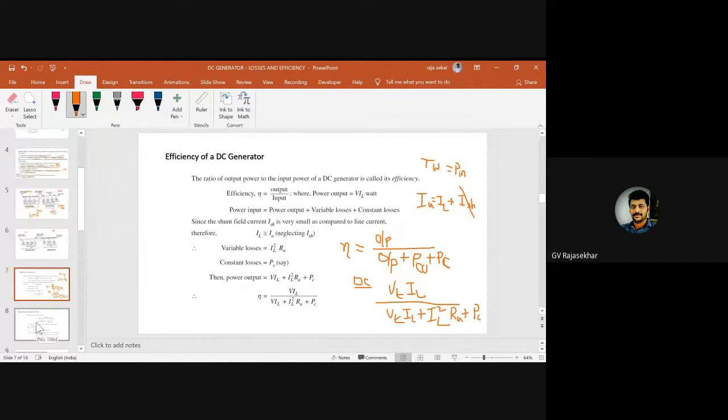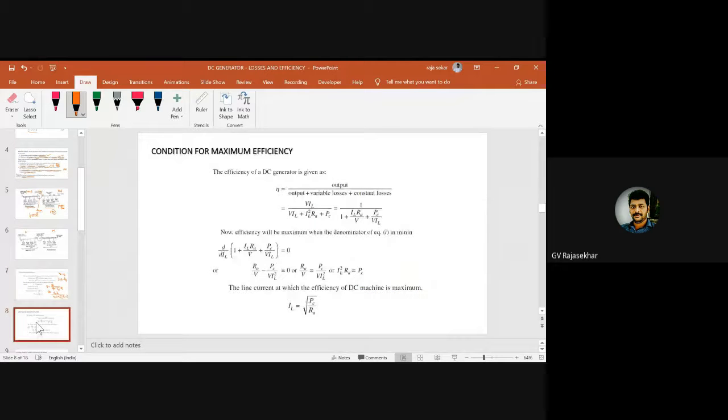As you derived the condition for maximum efficiency in a transformer, now let us derive the condition for maximum efficiency in a DC generator. The efficiency of a DC generator is given as output divided by output plus variable loss plus constant loss, which you have written in the earlier slide.